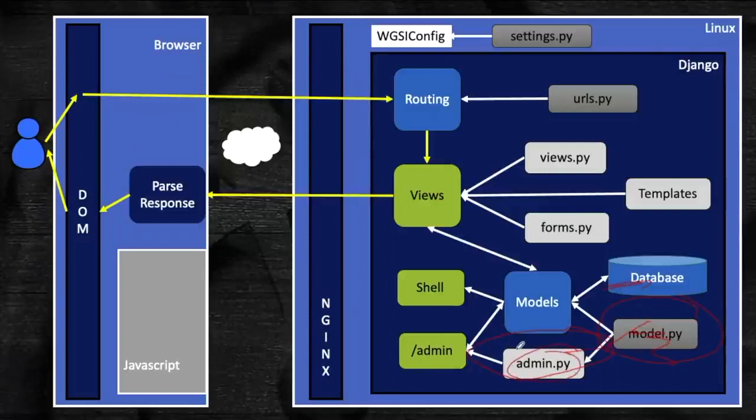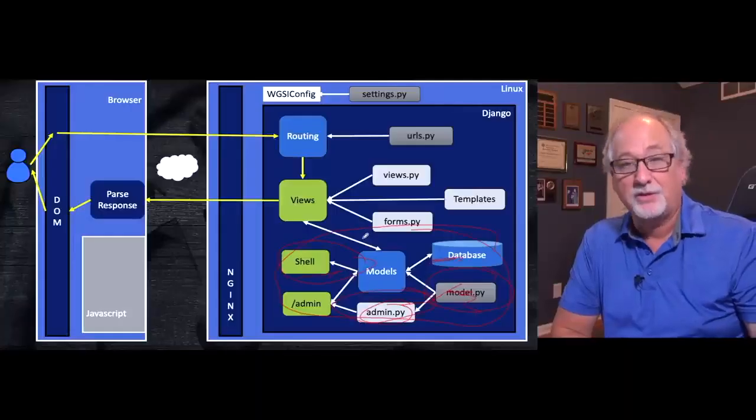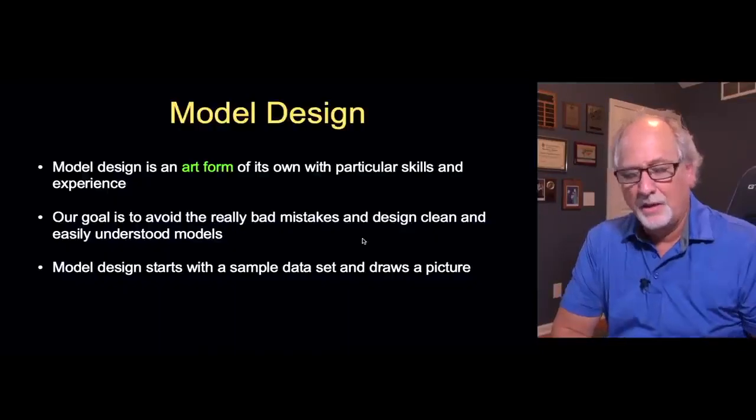There's not too much in admin.py. We're going to be talking to things like the shell, or you can even run scripts in here. In this lecture, we're not talking much about the routing or the views or forms or templates. So we're really focused down in this area of our Django application. We'll get to the rest of them. For now we're just talking about the data modeling.